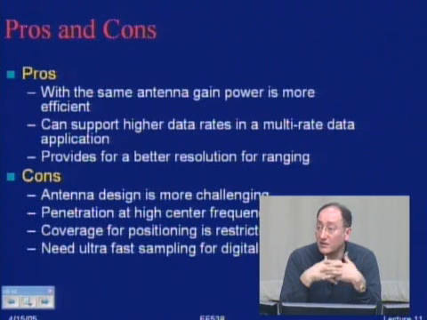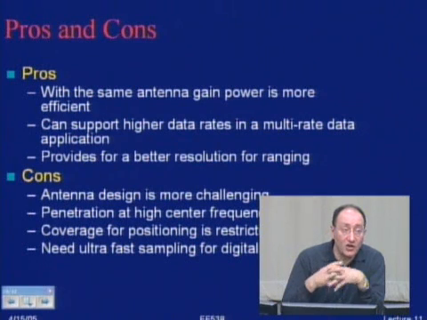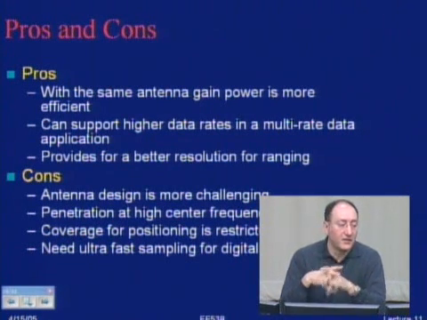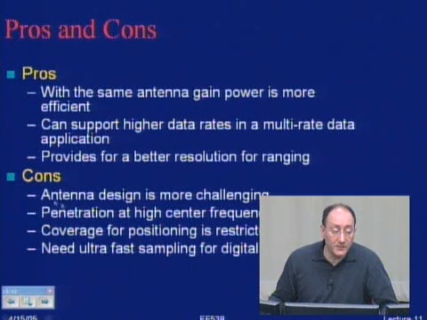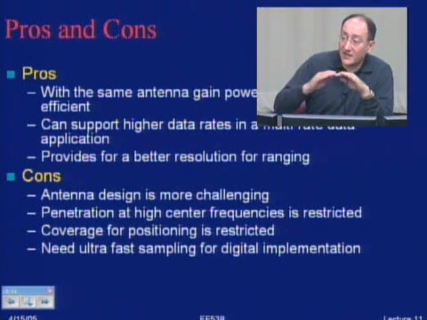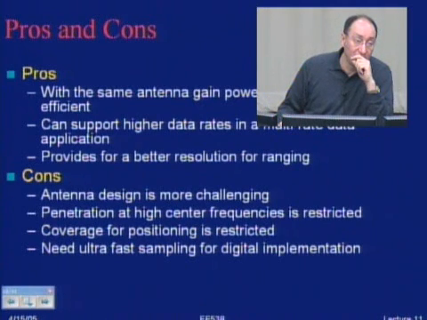So what are the things that we lose? If it was that good and that easy, how come people were not doing that from day one? Now, the things which are against ultra-wideband: one is antenna design. If I want to design an antenna which has flat gain over a wide band, it's very challenging.